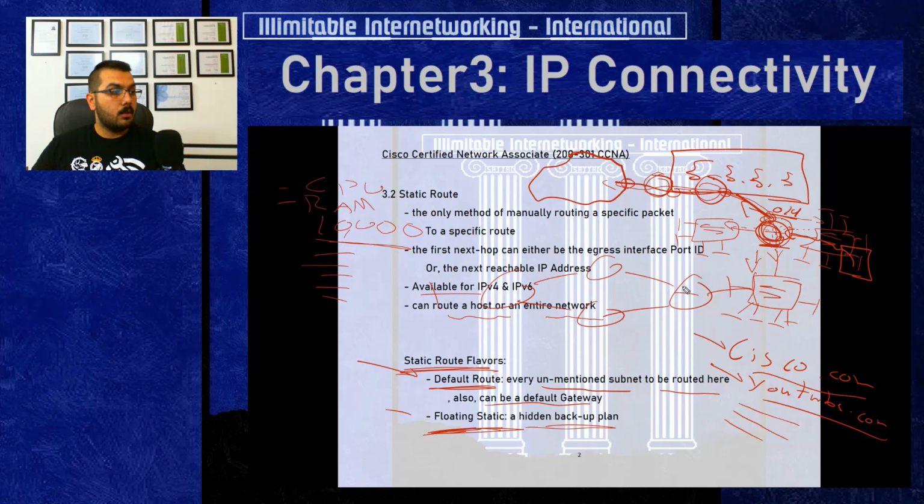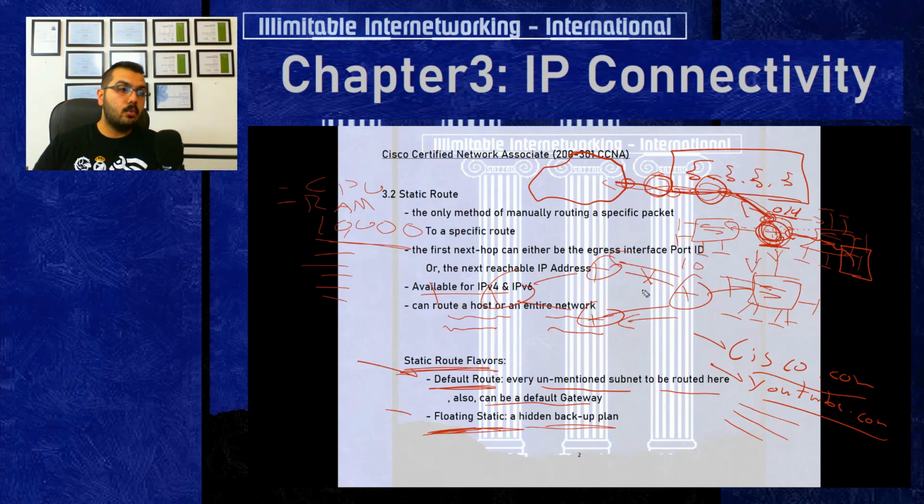I will use this path to route to 10.x.x.x, but just in case something goes down, because a static route is manual and will not reroute the packet, I will type in my config the same network and the same destination using another path, which will be this path.